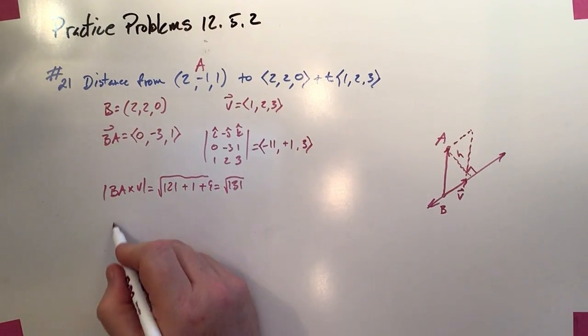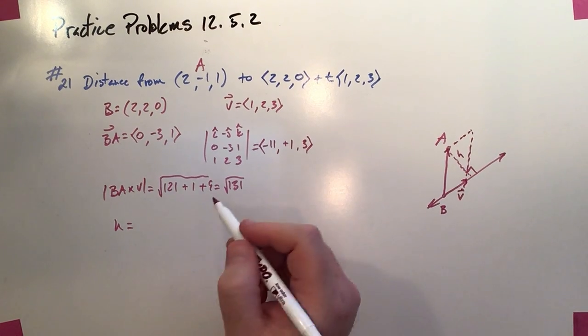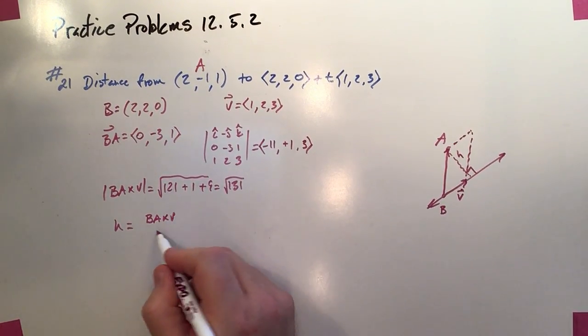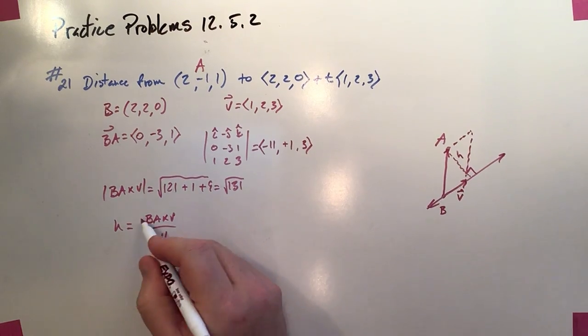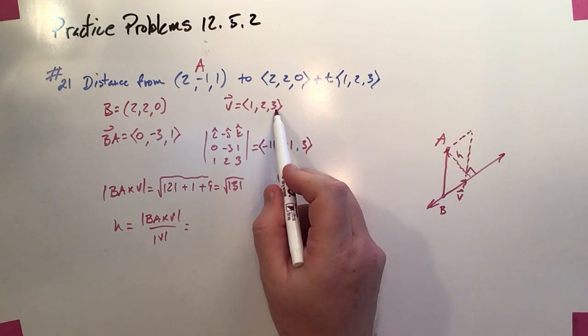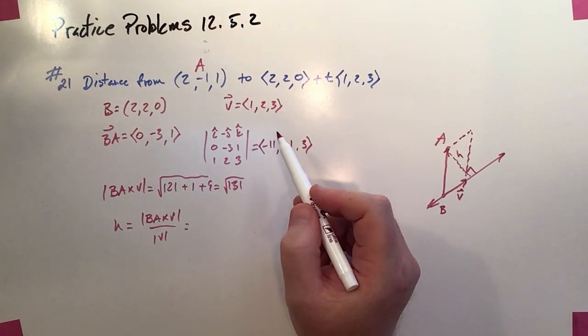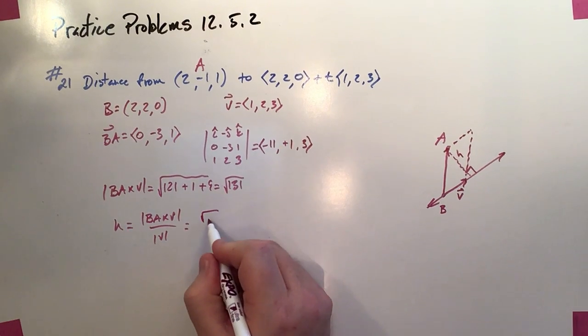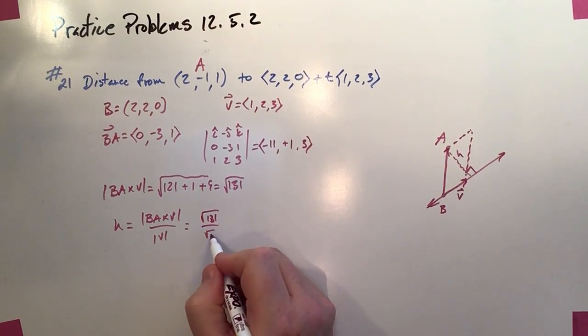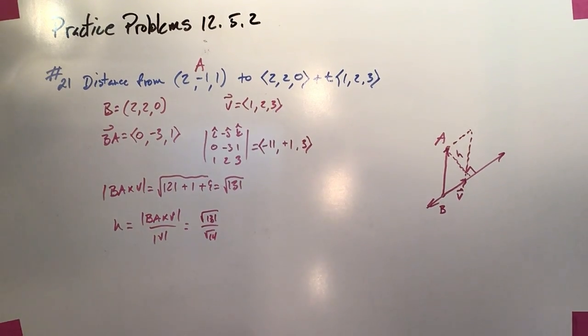Well, we know that the height is going to actually be equal to the magnitude of this cross product, BA cross V, divided by the magnitude of V. The magnitude of V is going to be the square root of the sum of the squares of its components. So that's 9 and 4 is 13 and 1 is 14. So this will be the square root of 131 divided by the square root of 14.